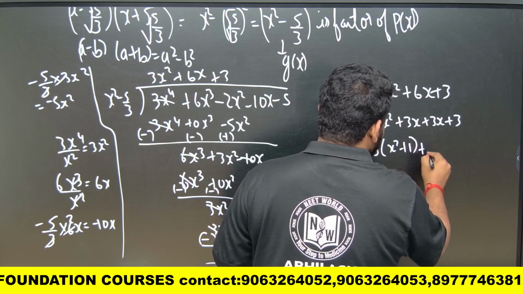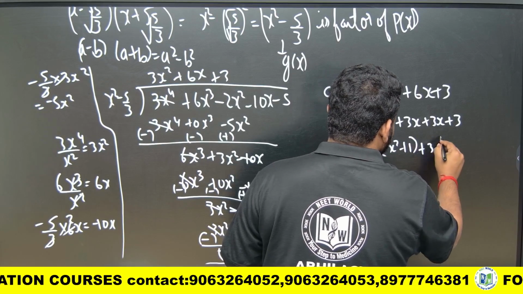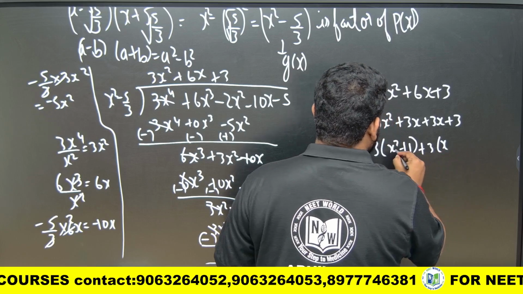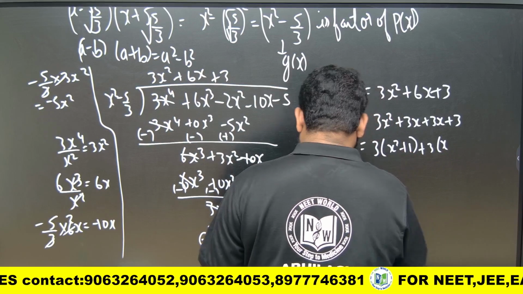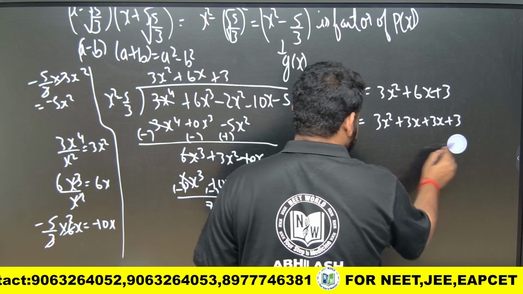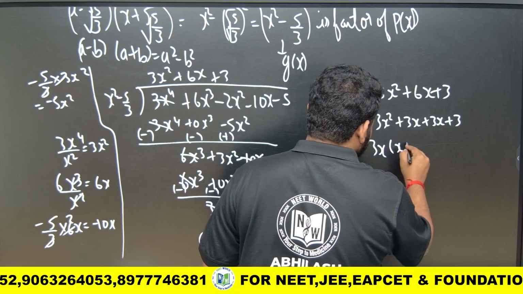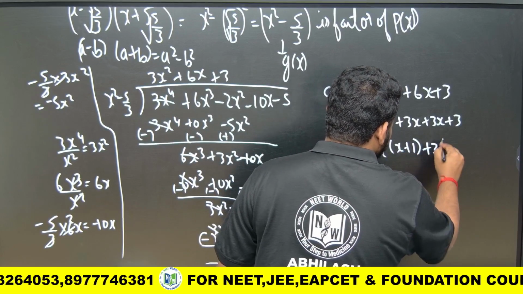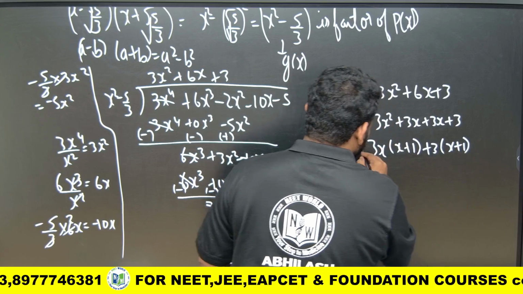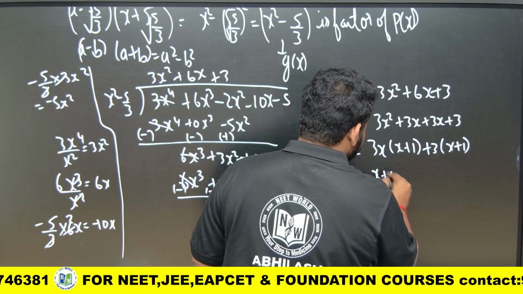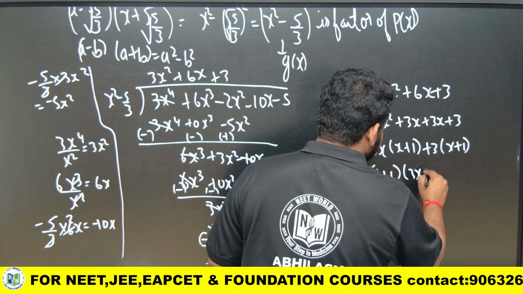Wait, just a minute. Not x square plus 1. I should write it as 3x into x plus 1 plus 3 into x plus 1. This becomes x plus 1 into 3x plus 3.